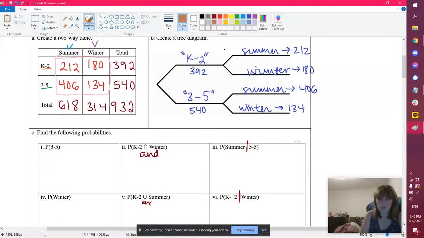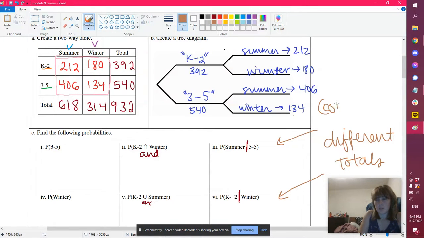All right, the first thing I'm going to note: these ones have different totals because they're conditional. And that means they have the bar, right?